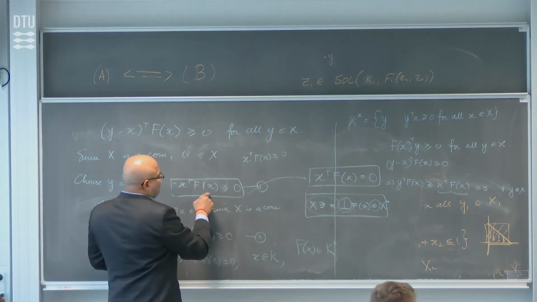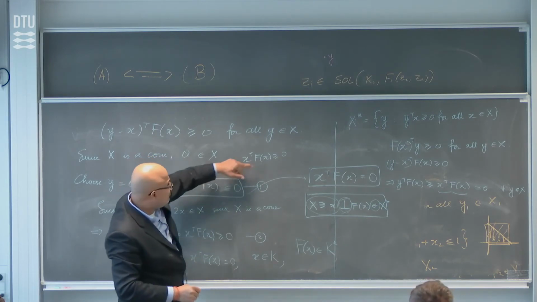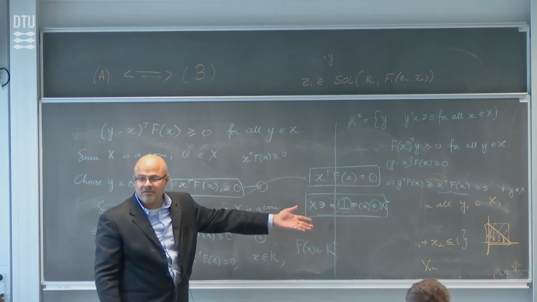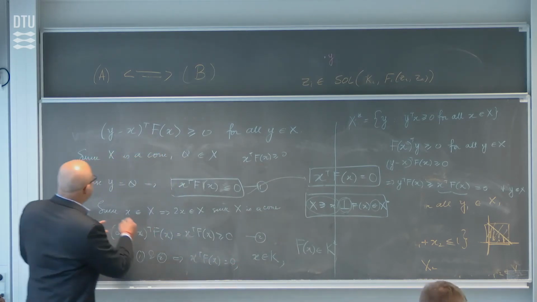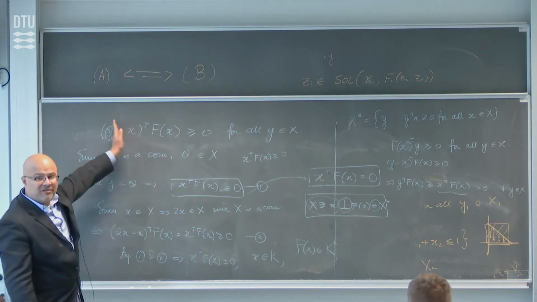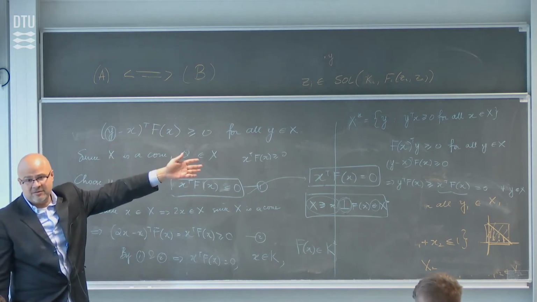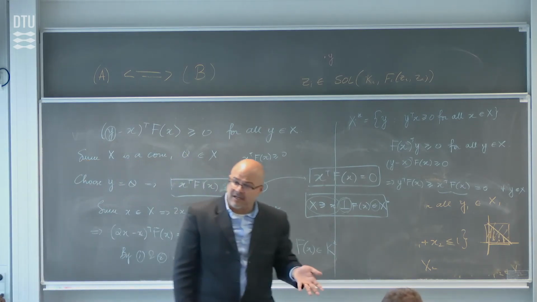Because what does this say? This says that this is less than 0. When something is less than 0 and greater than 0, then it has to be equal to 0. How do I show it's greater than or equal to 0? Well, in this relationship, if I choose y as 2x, we immediately know that x transpose f of x is non-negative. But for you to do that, you need to make sure 2x lies in the set.